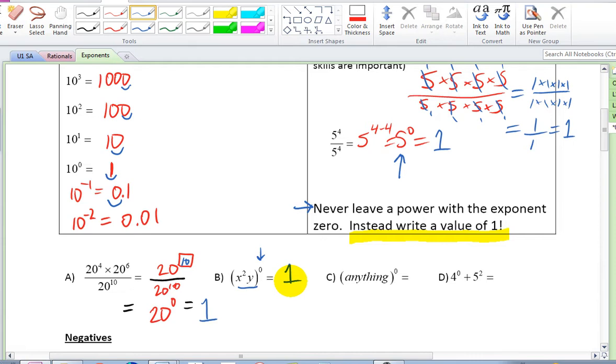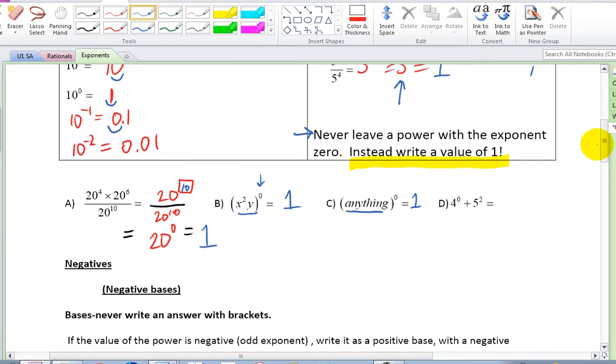Now you know the real meaning of a word. What is it? 1. Okay? Because it's inside the brackets, it all has a value of 1. Okay, try D. So you'd get 1 plus 25, which equals 26.